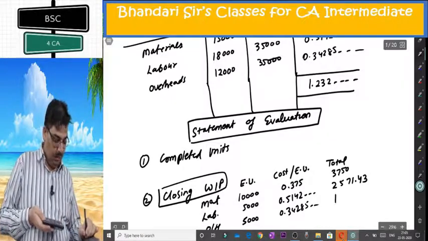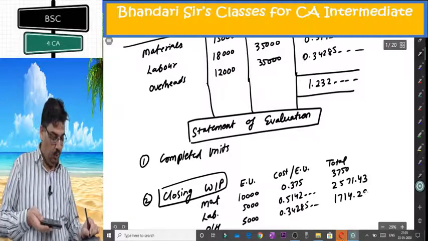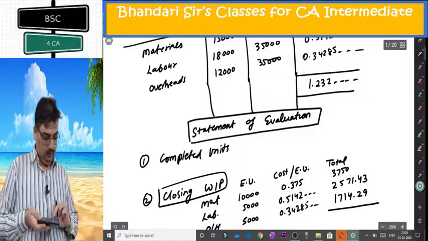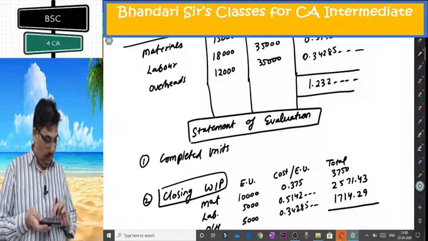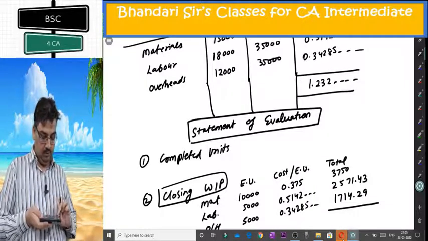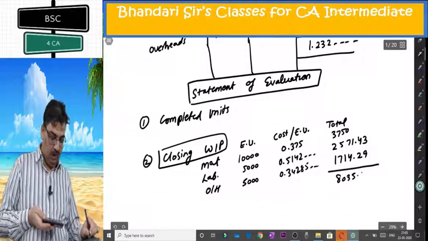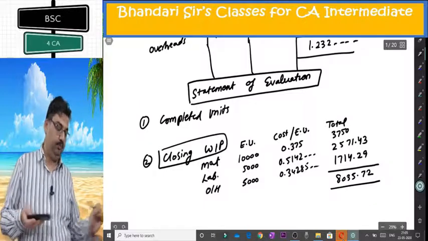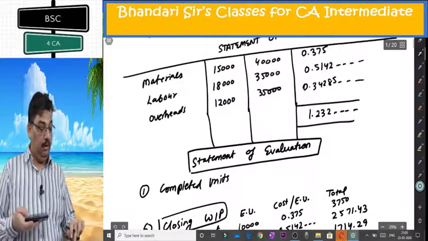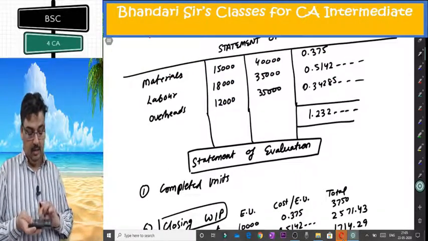I am getting 1714.29, plus 2571.43, 3750. If I add them all, 8035.72. Now completed units I want to take in memory till the end and then do the calculation.